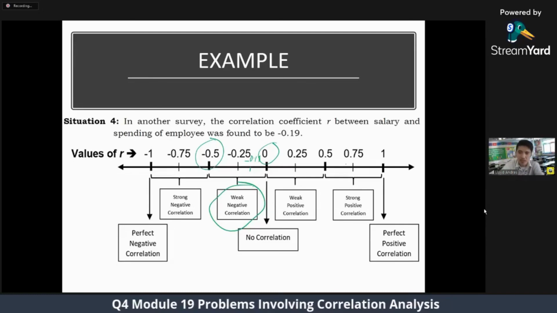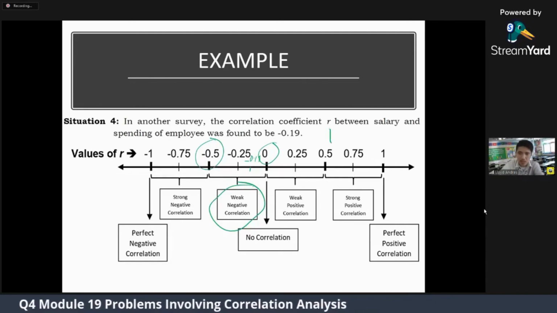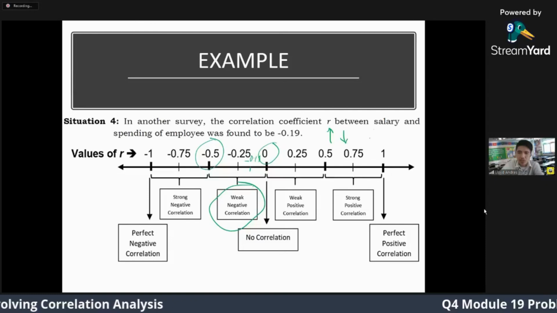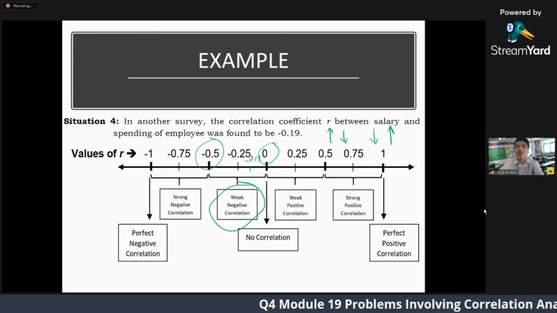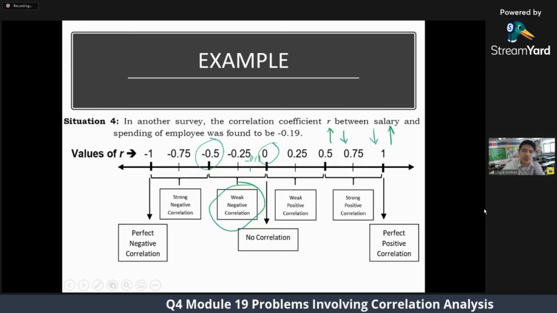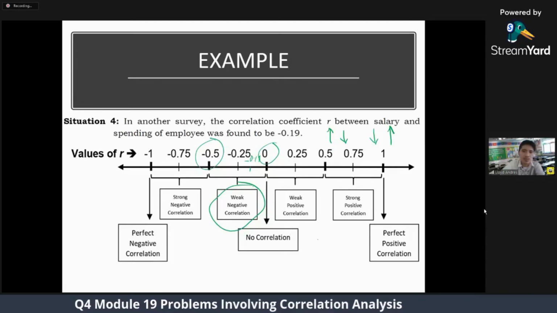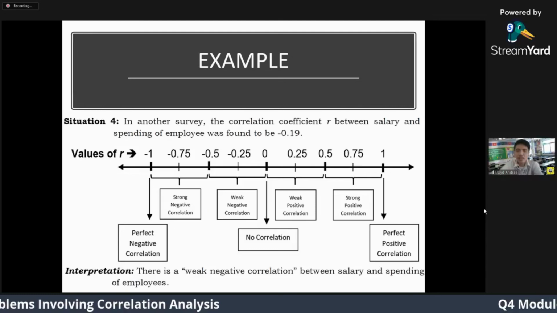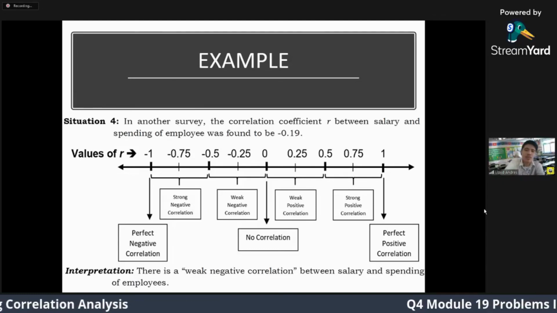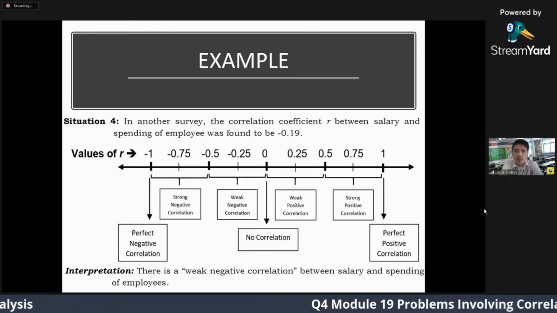So same gihapon, negative meaning taas og sweldo, gamay ra ginagasto. Tapos katong gamay og sweldo, dako ginagasto. But weak lang, dili lang kaayo ingon ana. So ingon ana ang kasabot sa kana nga sitwasyon. So again, there is a weak negative correlation between the salary and spending of employees.